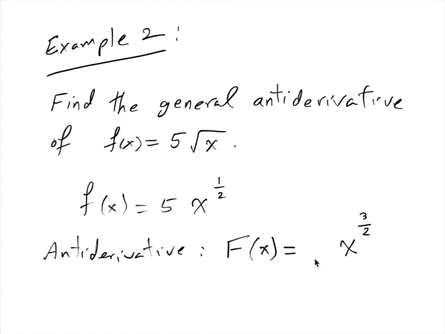So if I do 10 thirds, I can always check: what is 10 thirds times 3 halves? The 3's cancel, 10 divided by 2 is 5. That checks. But the most general antiderivative is to say plus c, where c is any constant or an arbitrary constant.